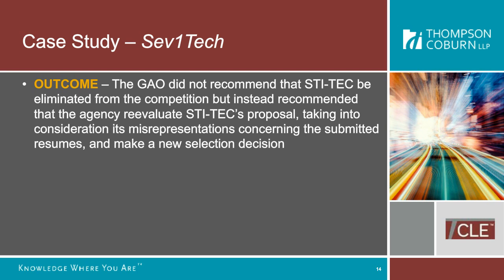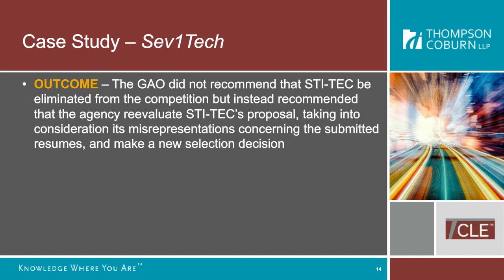What GAO said in that case, in terms of deciding the appropriate remedy, when you have a material misrepresentation in the proposal, is GAO typically considers the degree of negligence or intentionality of the offeror's misrepresentation, as well as the significance of that misrepresentation on the ultimate evaluation.